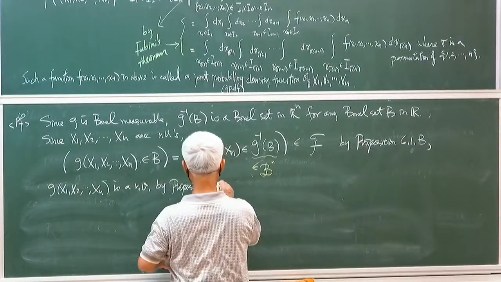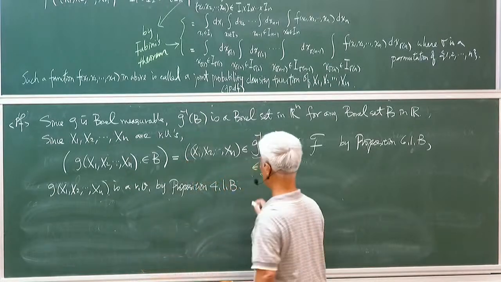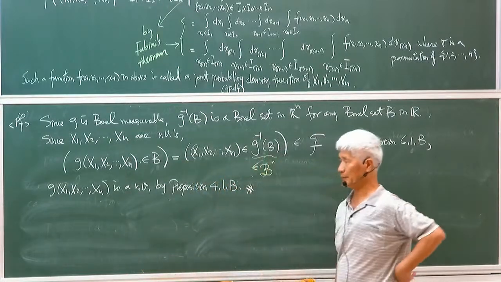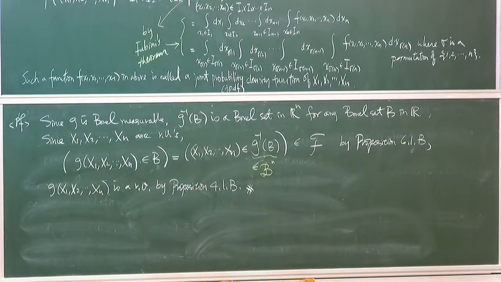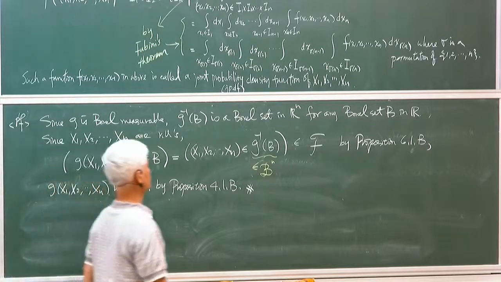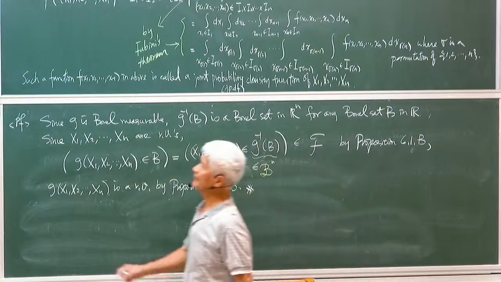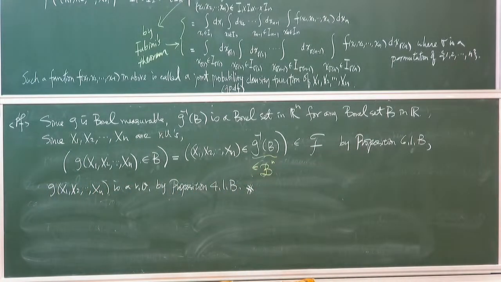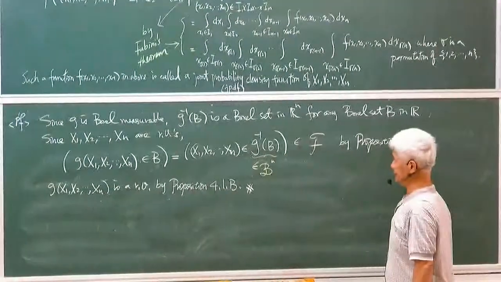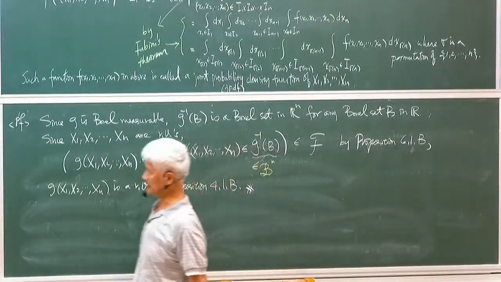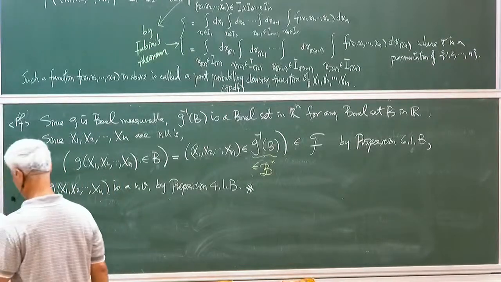All right, in chapter 4. So this proposition: if the data processing function is Borel measurable, then the result is again a random variable.